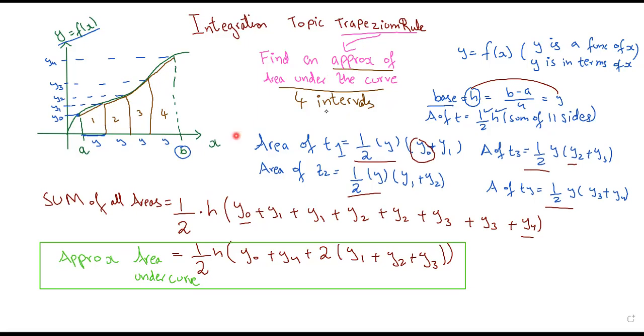So with the number of intervals and with these two limits, you will calculate the base or h and you will get it here. Now these y0, y4, y1, y2, y3 would be calculated using this equation, y equals f of x. You will know that at y0, your x is a.